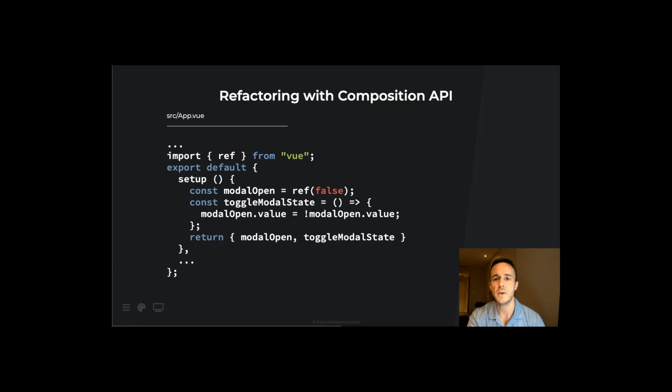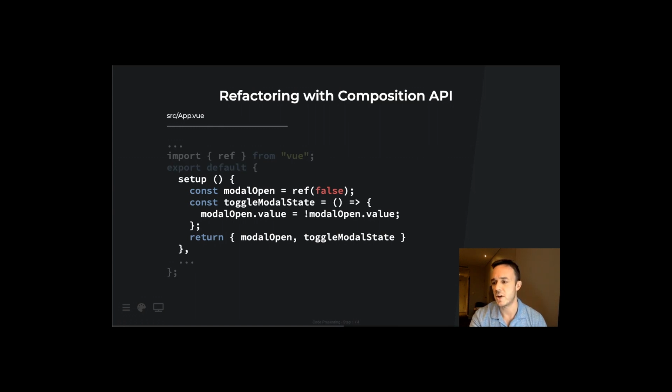To do this, what we can do is refactor the component to use the composition API, which is obviously another major feature of Vue 3. This is what it looks like once the refactor is complete. I'll just take you through the steps of how this actually works now.